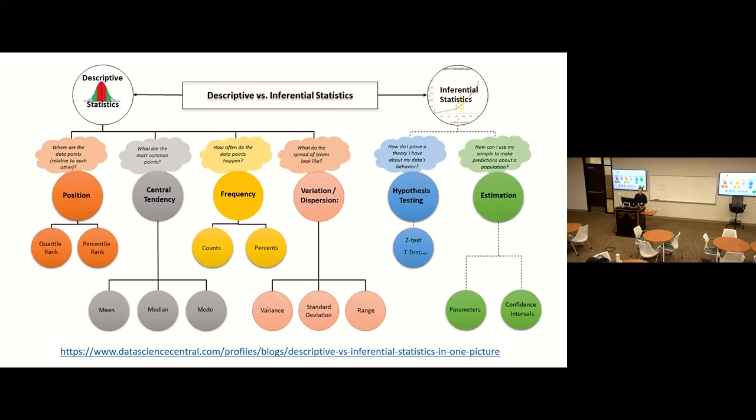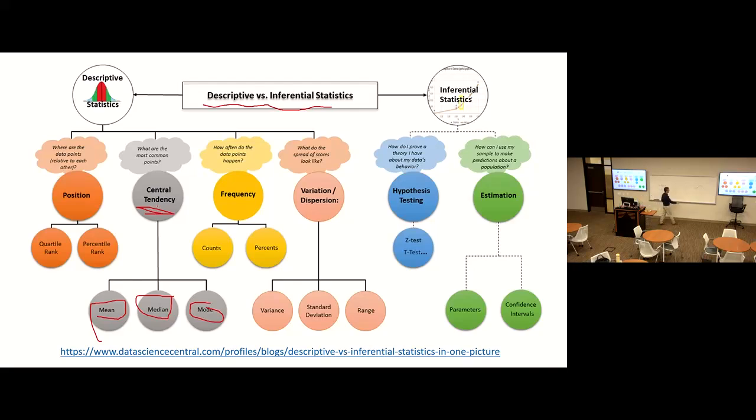Okay, so this you're all very familiar with: descriptive statistics. We want to have the mean. You can use the median and the mode to describe the central tendency of your distribution.